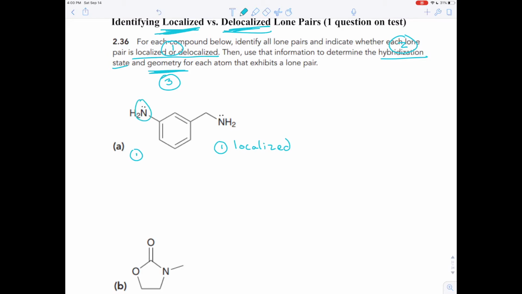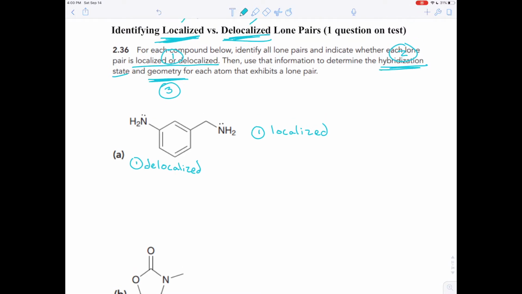These lone pairs here are allylic. They're one atom away from an atom in a double bond. So those are going to spread out through resonance so that those lone pairs don't just exist on this one atomic location, they move over multiple atomic locations, so they're delocalized. Okay, so that's the first thing. Second thing, what's the hybridization?